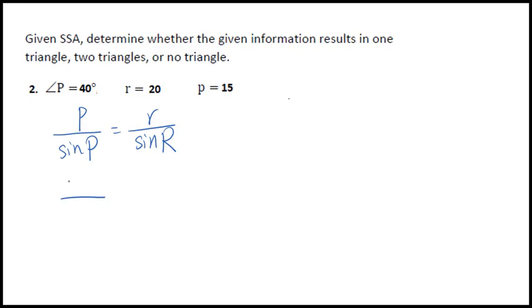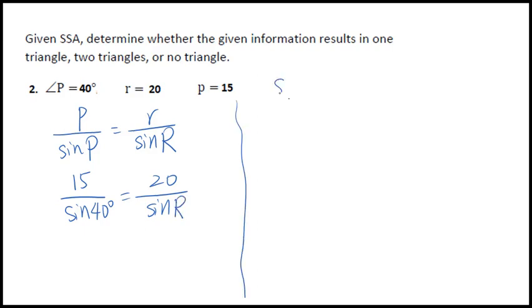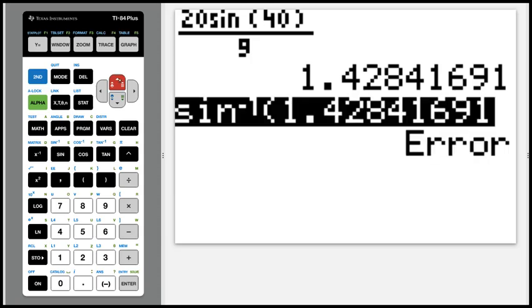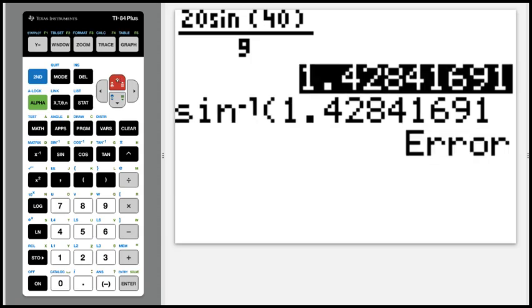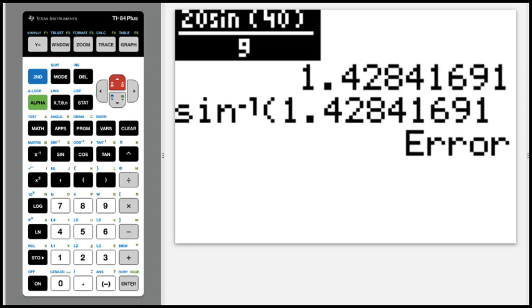Let's go to the second question. Then plug in. We have 15 over sine 40 degrees equals 20 over sine R. Then for sine R, cross multiply, the 15 goes to the denominator. You have 20 times sine 40 degrees. We will put this down, enter.